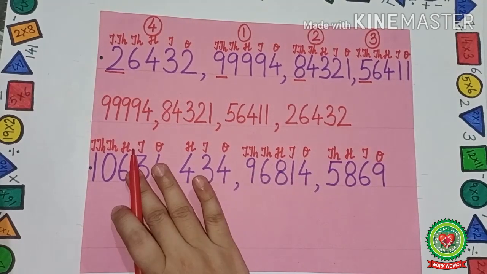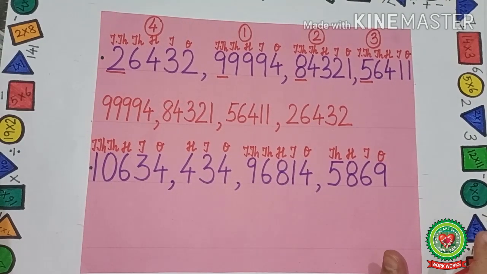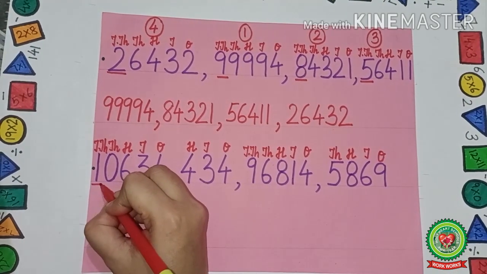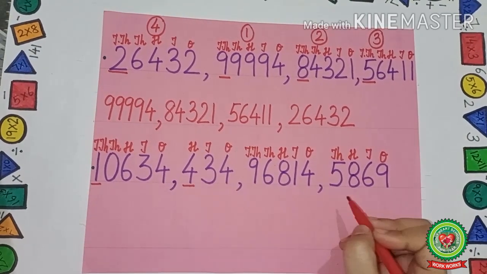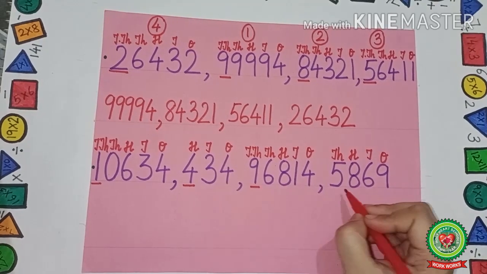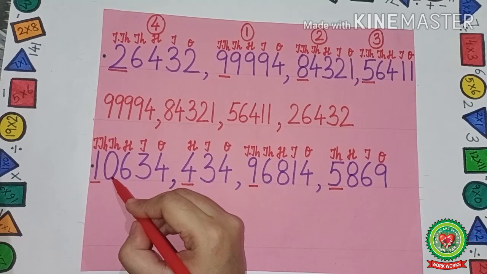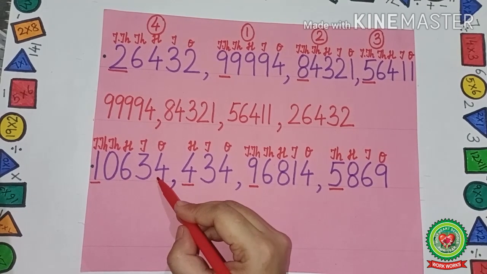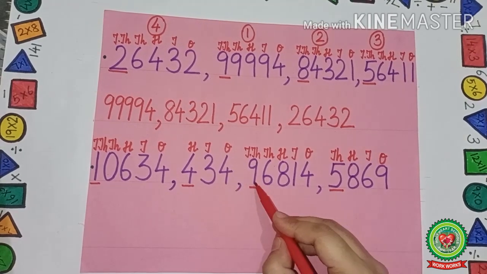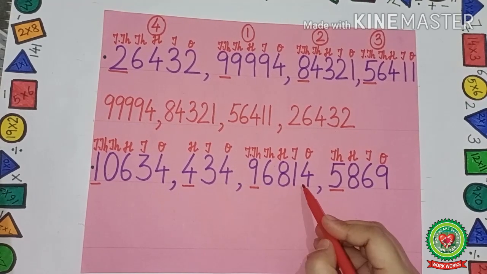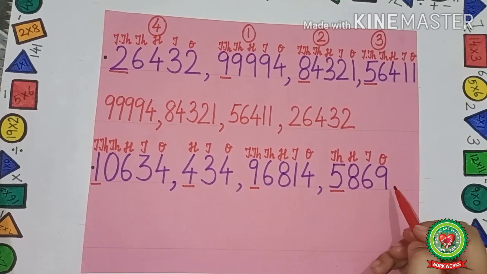So in these two 10,000s, let us first see. Let us first underline all the first digit. Okay, that is in this number 1, in this 4, in this 9, in this 5. Let us read once. 10,634, 434, 96,814, 5,869.